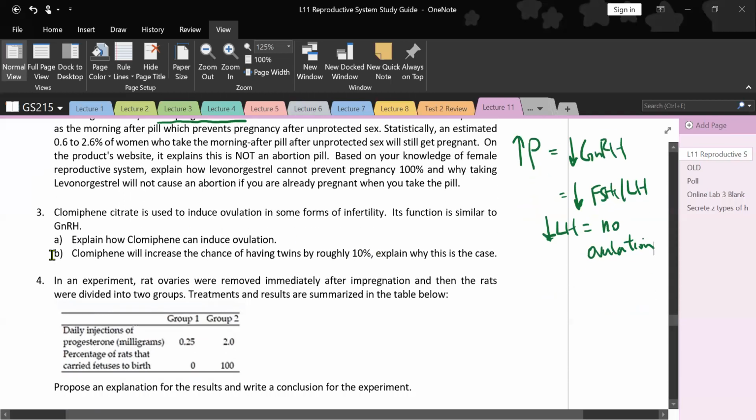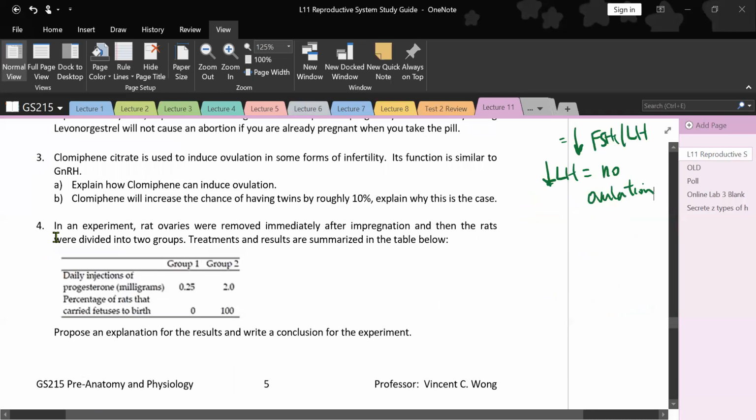Okay. All right, last one. In an experiment, rat ovaries were removed immediately after impregnation, and then the rats were divided into 2 groups. Treatments and results are summarized in the table below. Propose an explanation for the result and write a conclusion for the experiment.